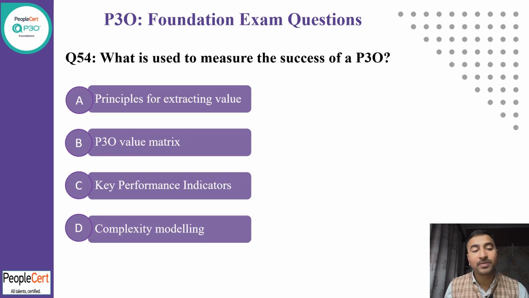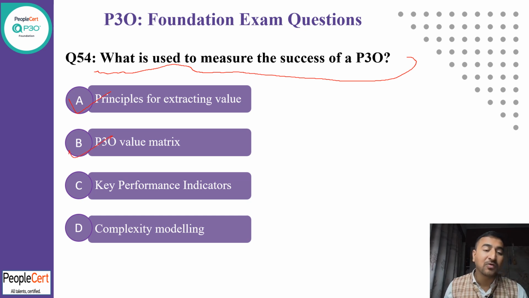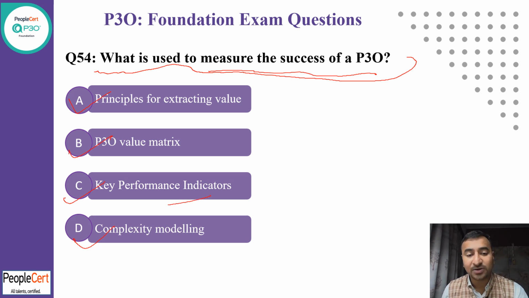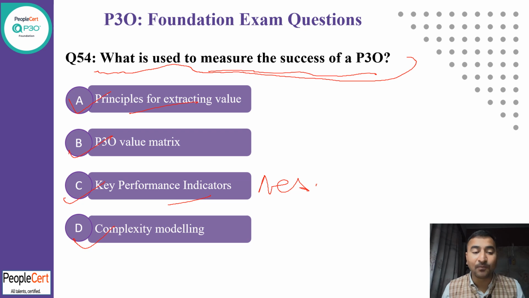Okay, question number 54, what is used to measure the success of the P3O? Option A, principles for extracting value, P3O value matrix, key performance indicator, and complexity modeling. Now, key performance indicator is required to measure the success, but here they specifically mention principles for extracting the value, which is more relevant.